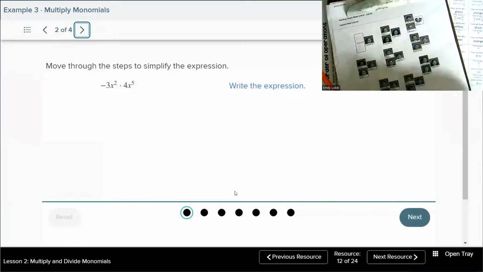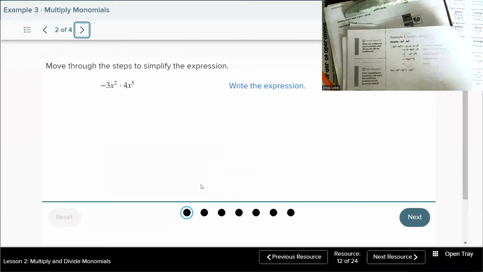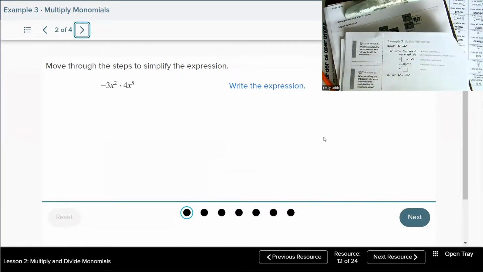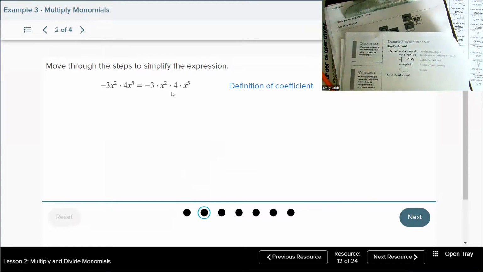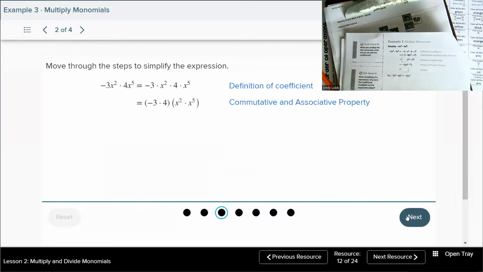This is on page 16. It should be example 3 at the top. So move through the steps to simplify the expression. So first of all, we need to know the definition of a coefficient, right? Whatever we're multiplying this by, the coefficients are a number, okay? They kind of wrote it out for us then.